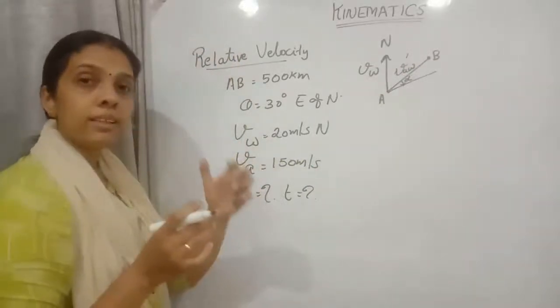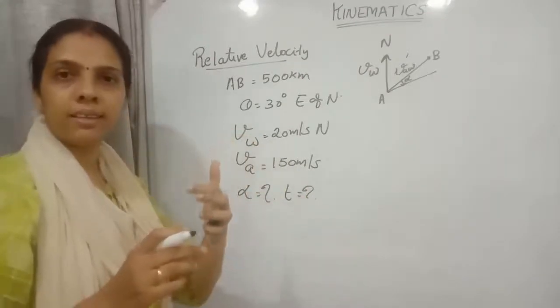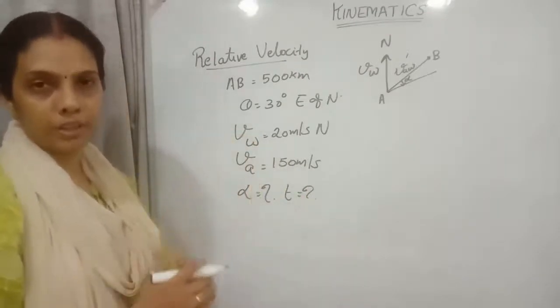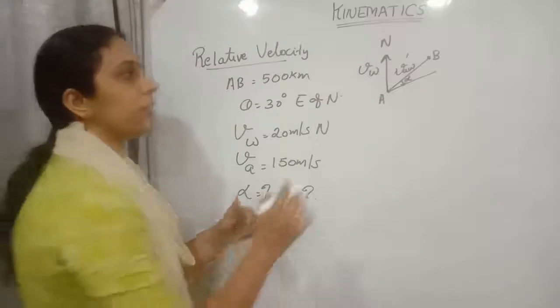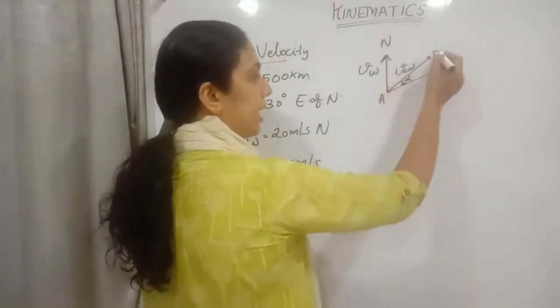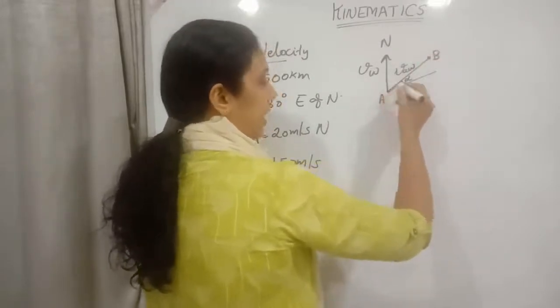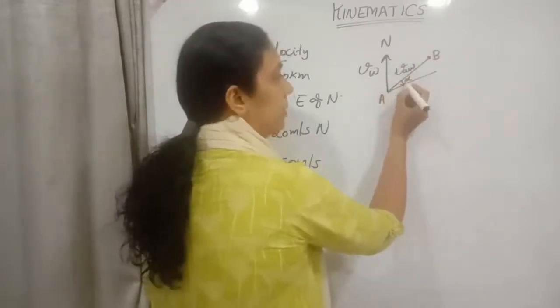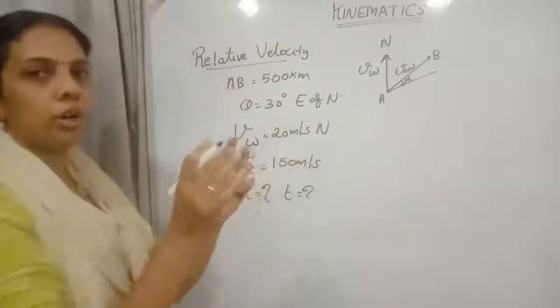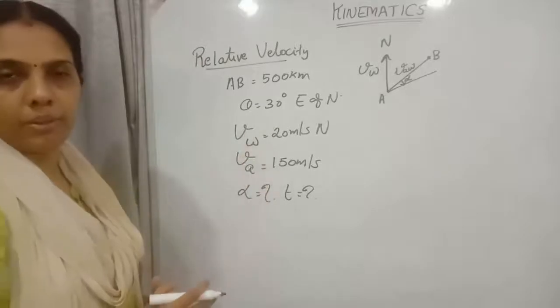It is the same as the velocity of the river and the boat velocity, and how it affects. So here also, if the aircraft has to go from A to B, it should reach the point B. From A, the direction of the steering should be at an angle alpha from AB.